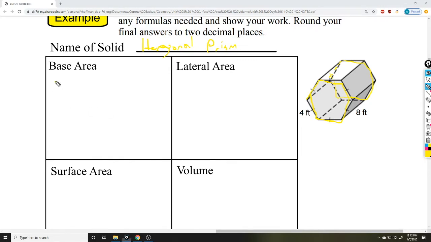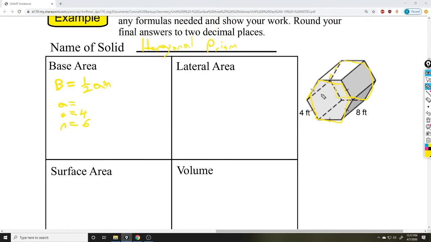And so I'm just going to go ahead and tell you the area of the base. Ordinarily we do 1/2 a s n, and we go through that entire process that we were talking about before. If you would like to try that to see if you can do it right, go ahead. But I'll just go ahead and tell you what we would get here. Number of sides is 6. Side length is 4. Those are given.